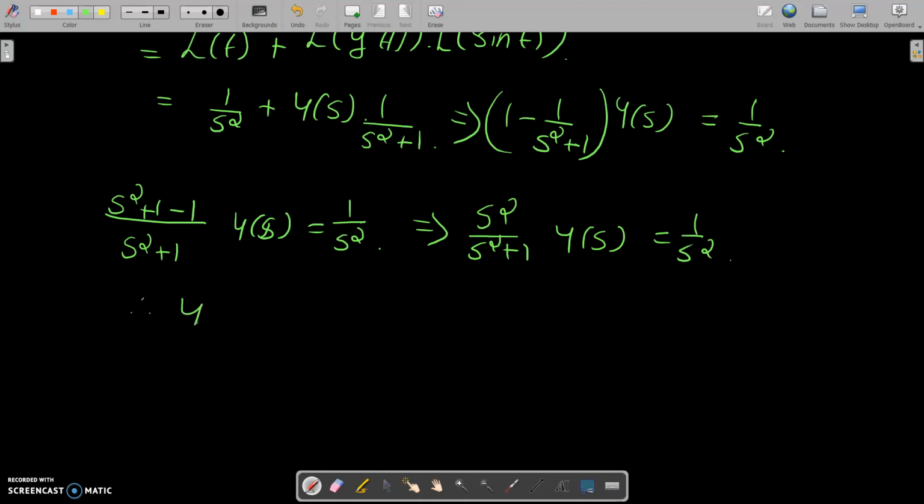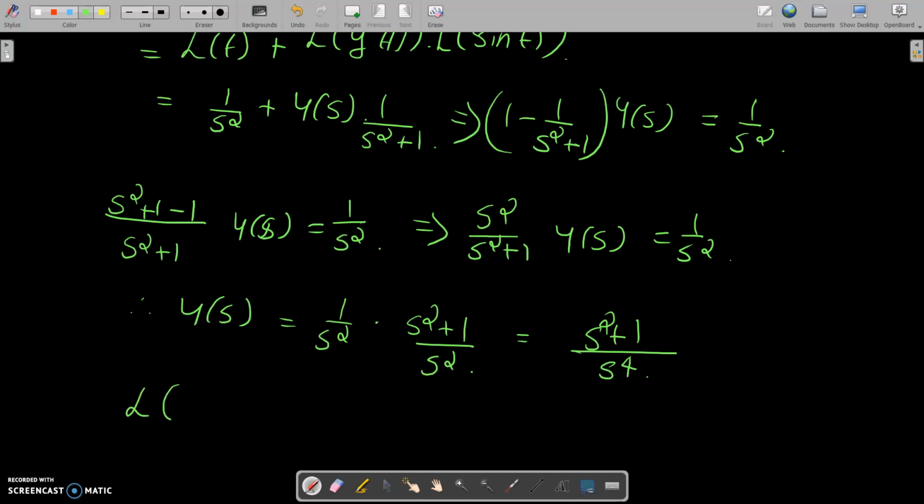So Y of s is equal to 1 by s square into s square plus 1 divided by s square, which is s square plus 1 divided by s raised to 4.